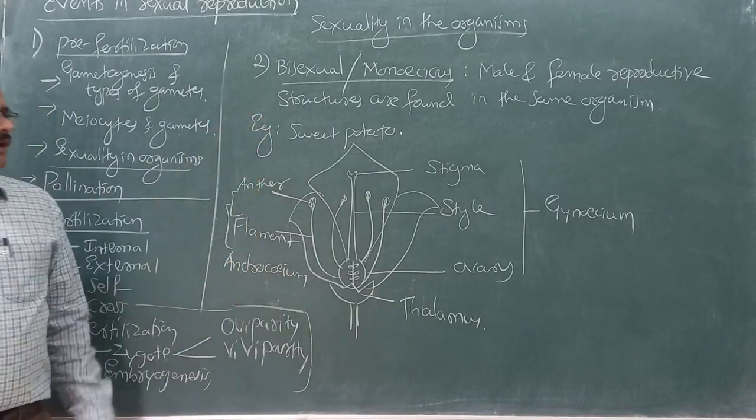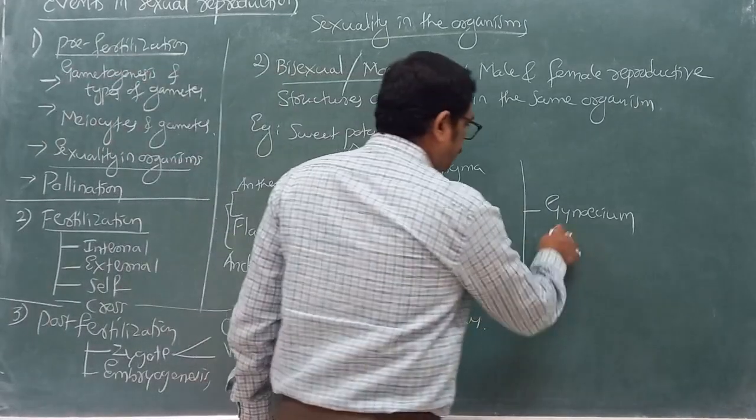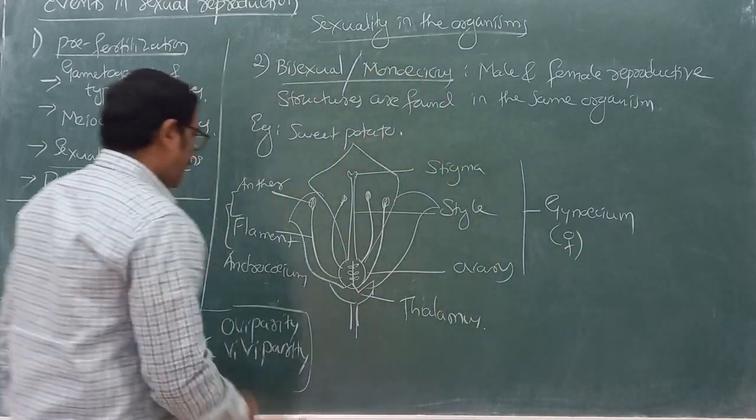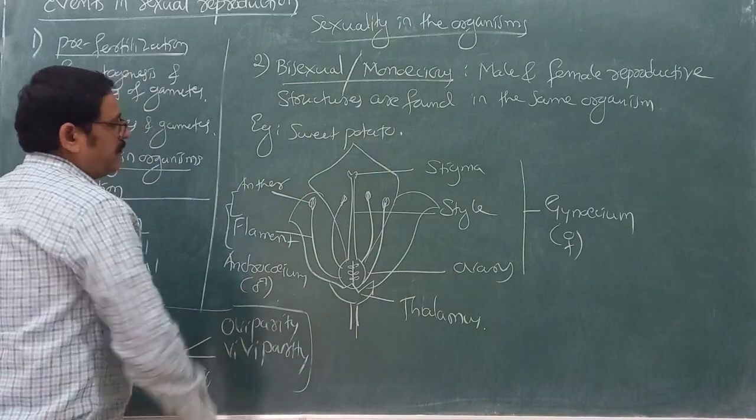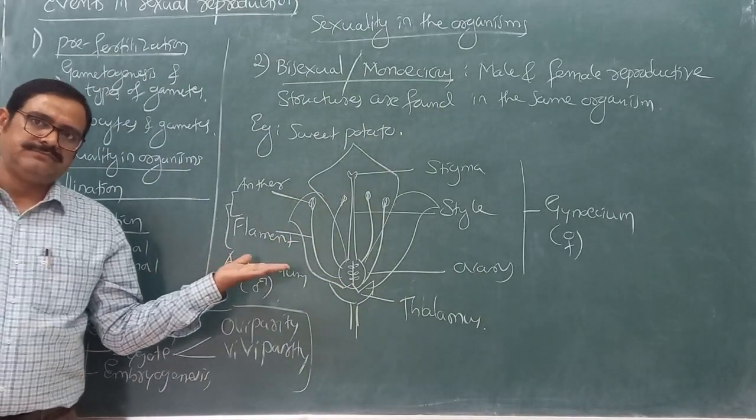Well, so the sweet potato exhibits the presence of gynoecium, the female reproductive structure, and androecium, the male reproductive structure. So it is called monoecious or bisexual.